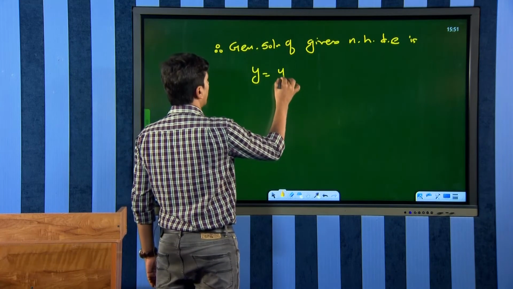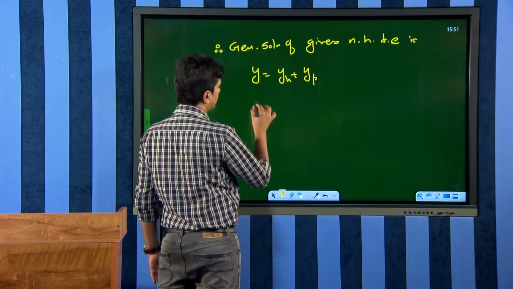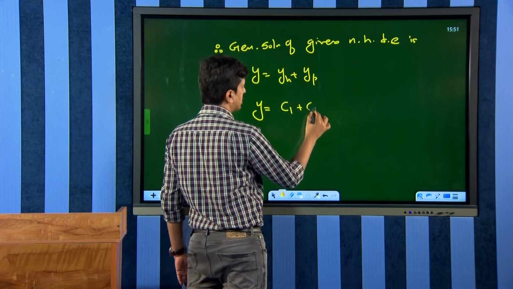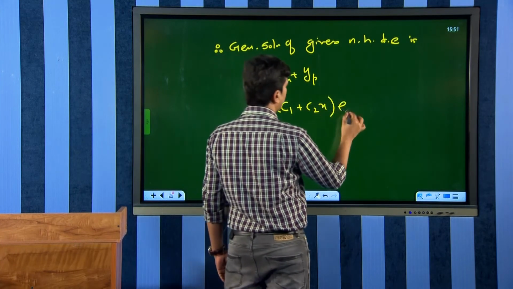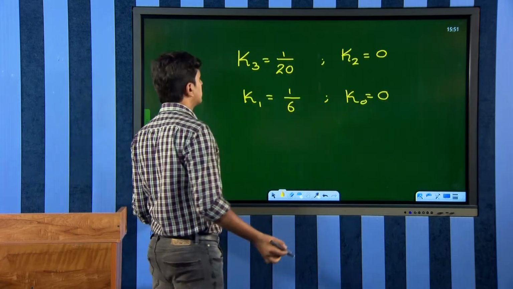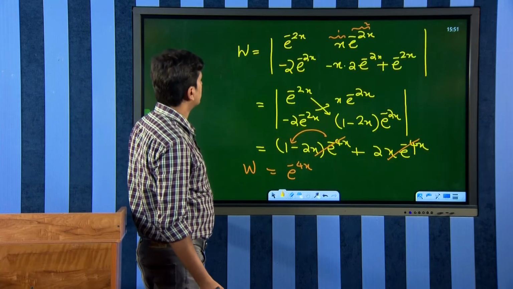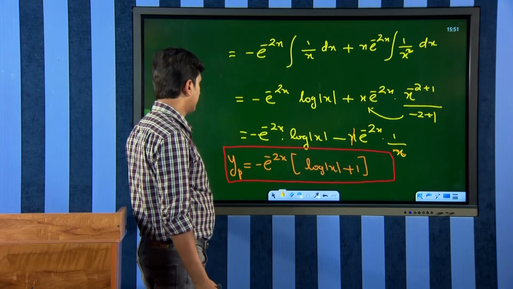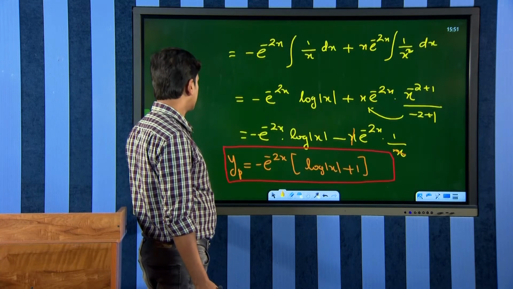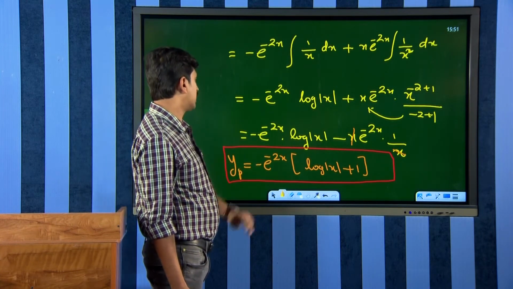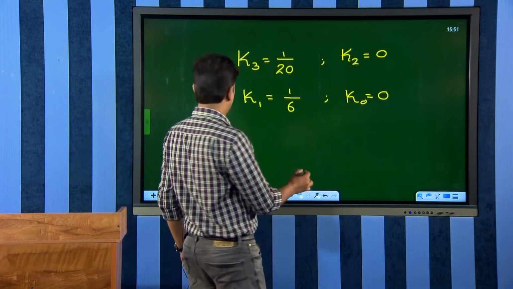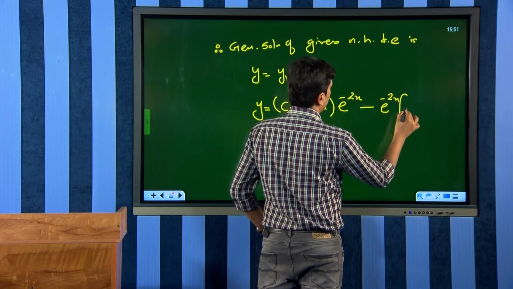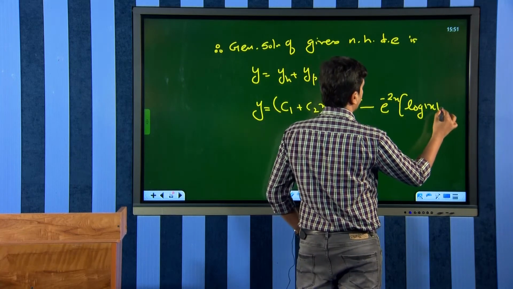That is y equals c1 plus c2 x e raised to minus 2x, and finally we found yp as minus e raised to minus 2x times log mod x plus 1.